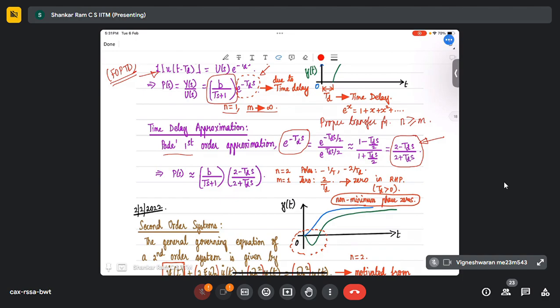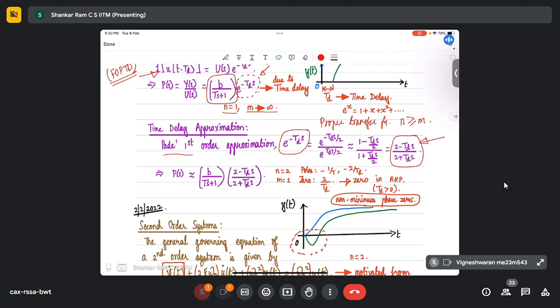Okay, so that is the Padé's first order approximation. When we have this exponential term which is of infinite order, we do the Padé's first order approximation, and we get a finite order approximation.